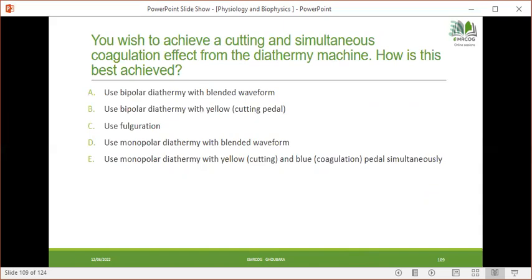Here, if you wish to achieve a cutting and simultaneous coagulation effect from the diathermy machine, how is this best achieved? Anyone knows?